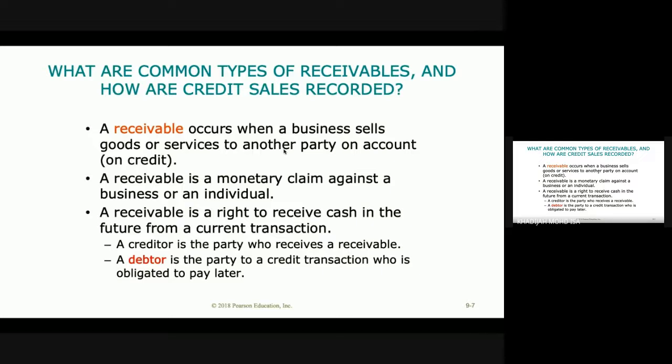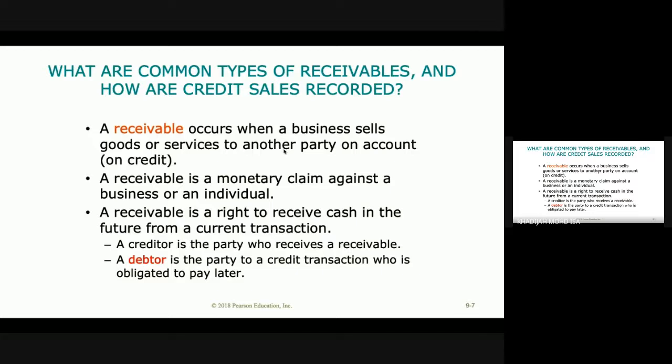A receivable is a monetary claim against a business or an individual. It is a right to receive cash in the future from a current transaction. A creditor is the party who is going to receive, who holds the receivable, and a debtor is the party to a credit transaction who is obligated to pay later.